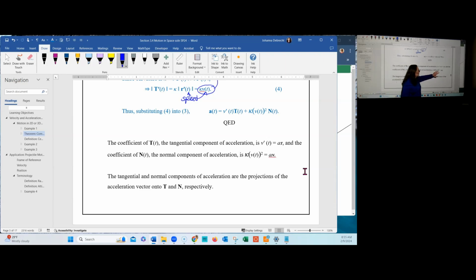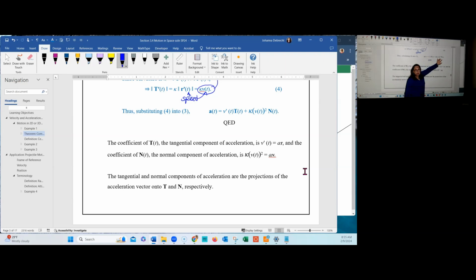So when we talk about a sub t and a sub n, what we're talking about is the coefficient of the unit vectors, the unit tangent vector, the unit normal vector. So a sub t does not include the unit tangent vector. It's just the real valued function coefficient, which is the derivative of speed.